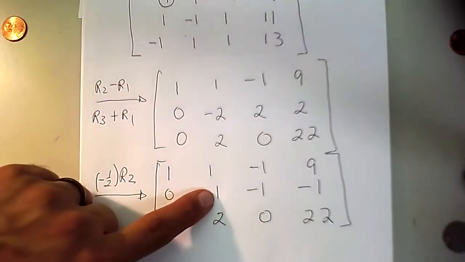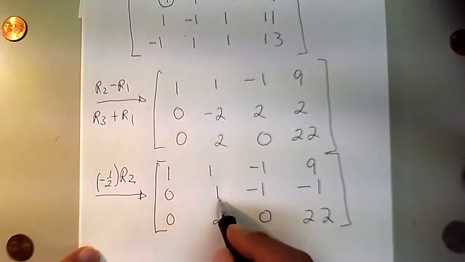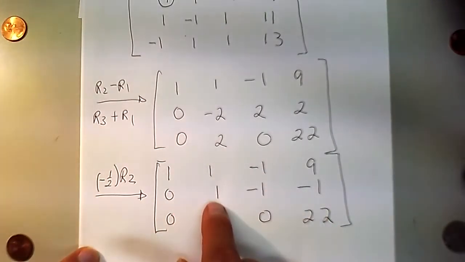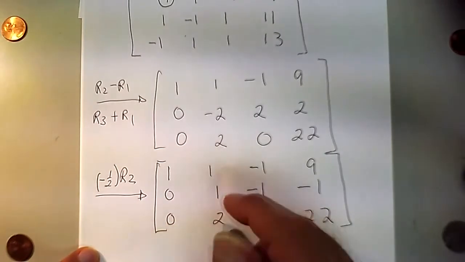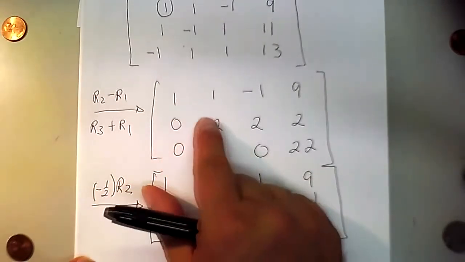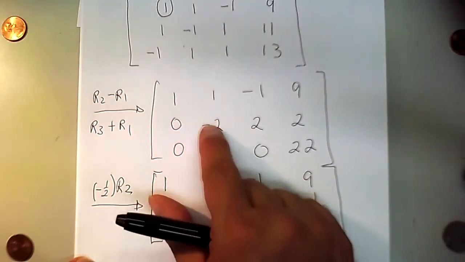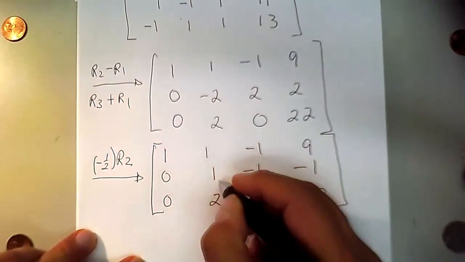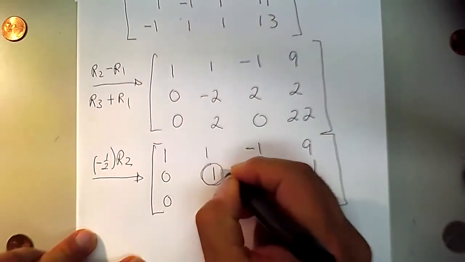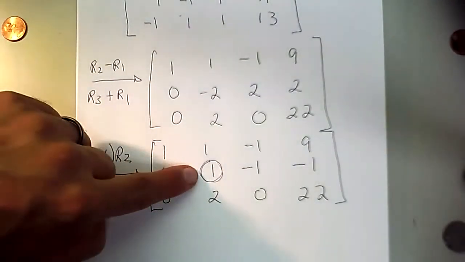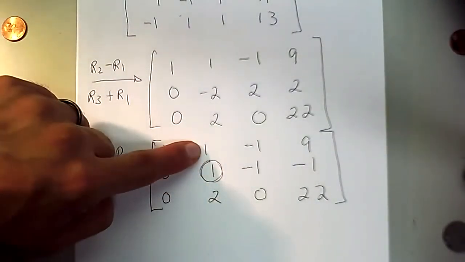Our next goal is to move on to the next element here, and, oh, actually we got that here. This element should be a 1. We want to convert that into a 1, which we did here. And now we're going to use this 1 to get rid of this 2 and the 1 above.